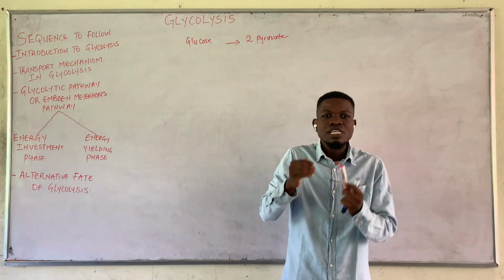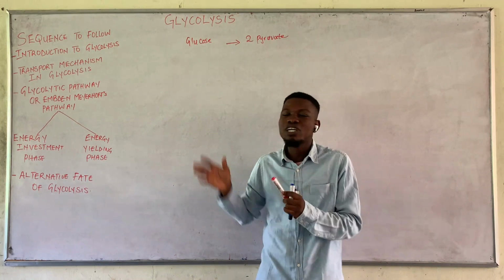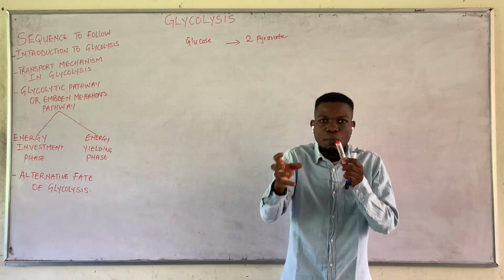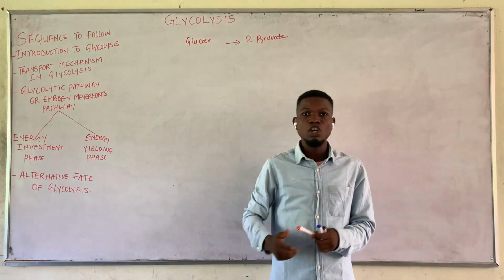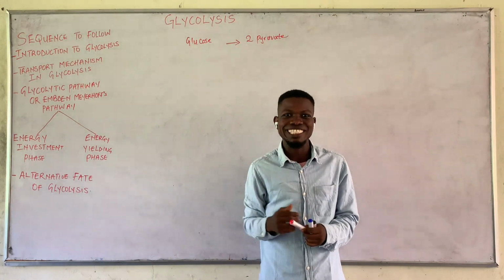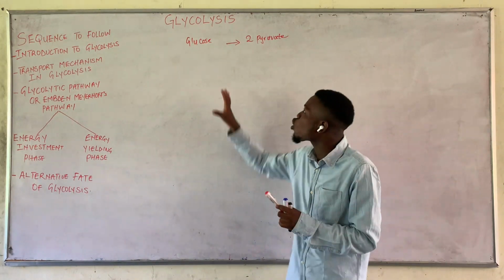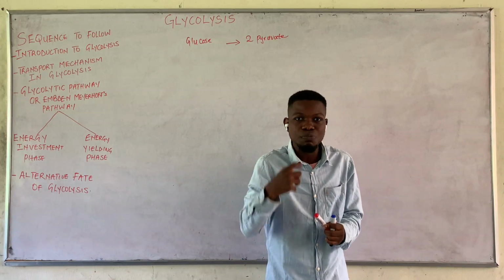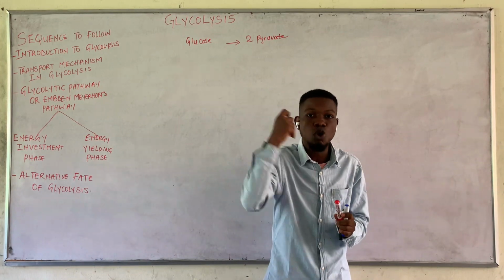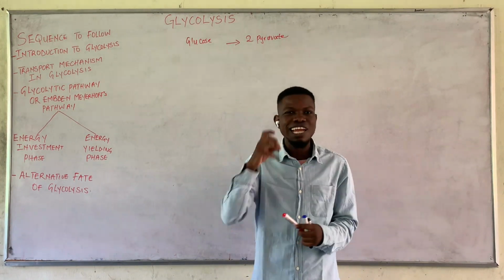The glucose in the blood is preparing for glycolysis. So when the body demands energy, that is when the body will use glycolysis to generate energy in the form of ATP for the cellular organism to use.